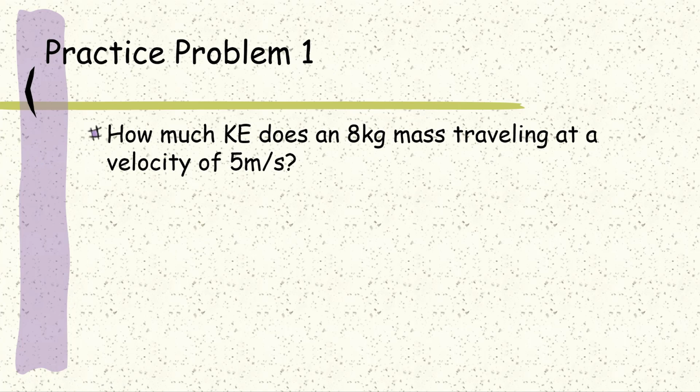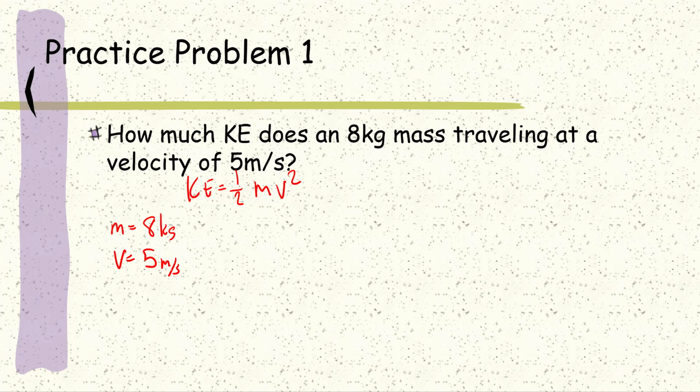So let's jump into using that equation first. How much kinetic energy does an 8 kilogram mass traveling at a velocity of 5 meters per second have? Well, again, kinetic energy is 1/2 mv squared. I know the mass is 8 kilograms. I know the velocity is 5 meters per second.